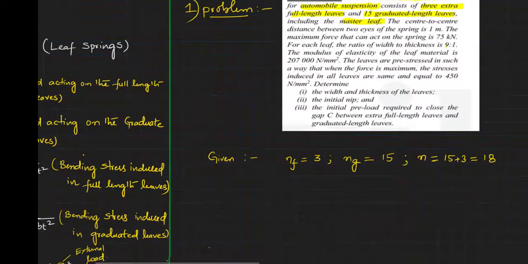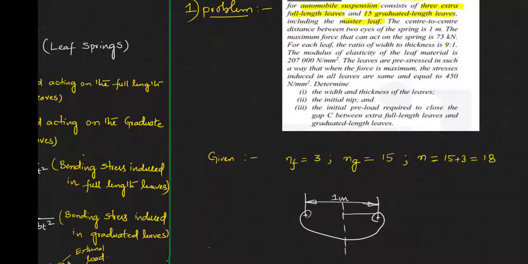Next is the center to center distance between two eyes of a leaf spring. If you recall the schematic diagram of a leaf spring, generally a leaf spring will be like this. From this center to this center point, the distance is given, and that distance is 1 meter. For design calculation, we'll be taking only half of the leaf spring. That is represented with L, and the full length is represented with 2L.